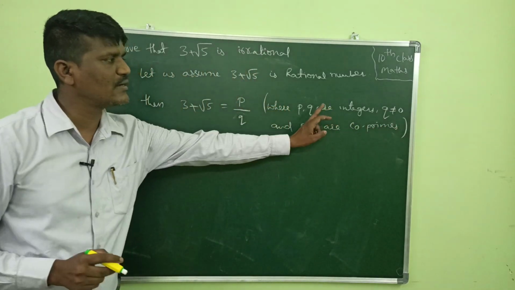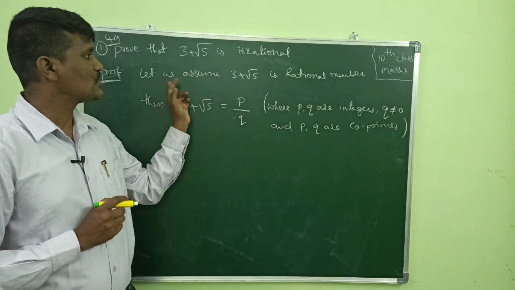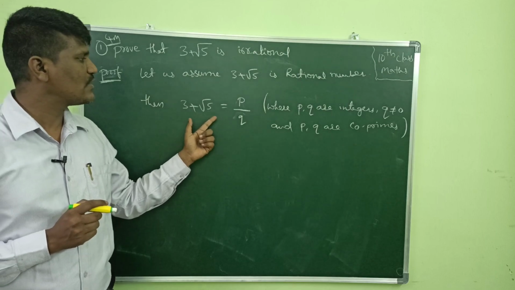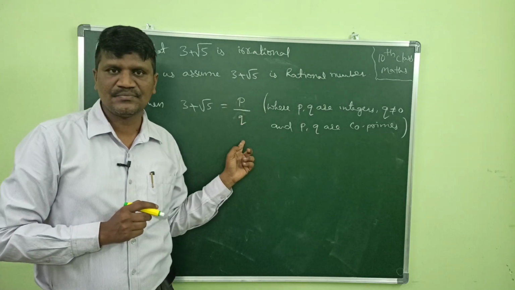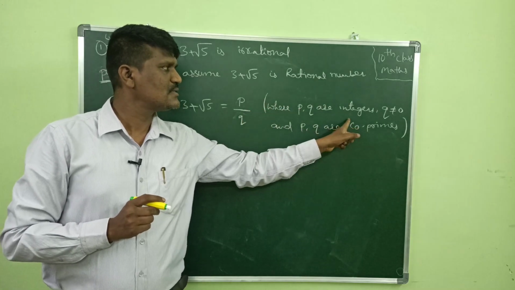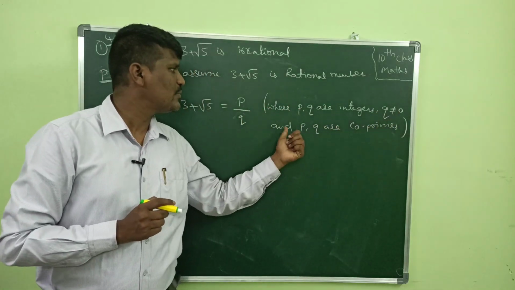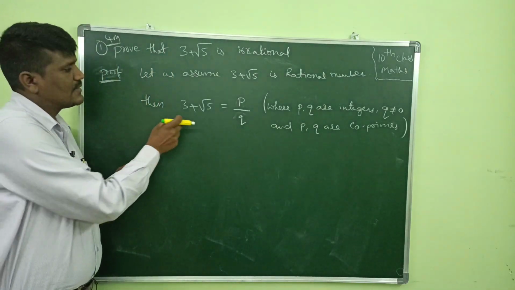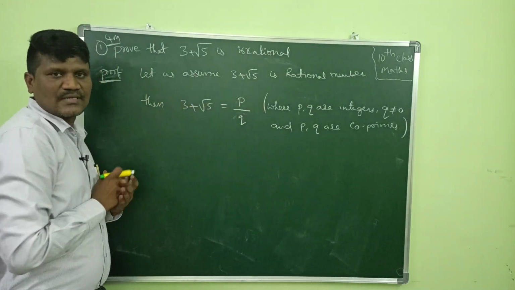This is the important condition, you should write this. So first you should assume the given number is a rational number, then I can write 3 plus root 5 is equal to p by q, where p, q are integers, q is not 0 and p, q are co-primes.